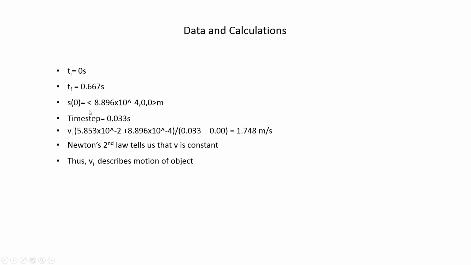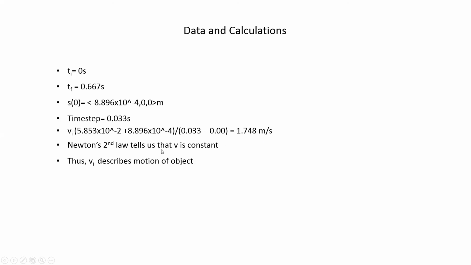And this final time in this equation right here is just the next time step up, so that would be just the time step at 0.033 seconds. The position at that time step was 5.853 times 10 to the negative 2 meters. And this equation right here is just v equals delta x over delta t. And I got the answer for that was 1.748 meters per second.